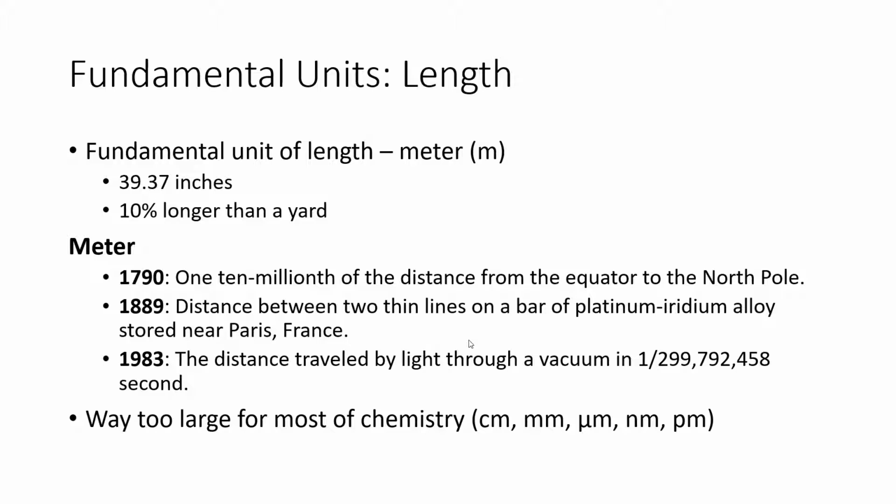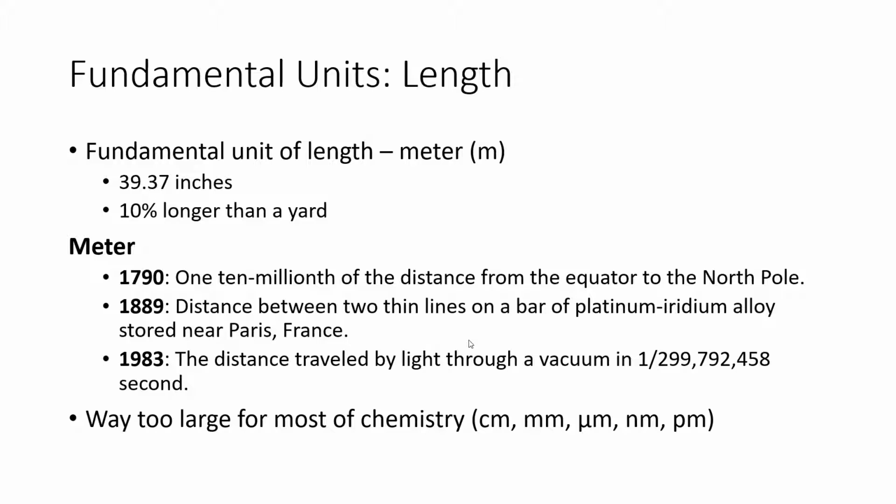In 1889, it was defined as the distance between two thin lines on a bar of platinum iridium alloy that was stored near Paris, France. But there is a problem there. What happens if somebody steals that bar of platinum iridium? Then we would never know what a true meter is again.